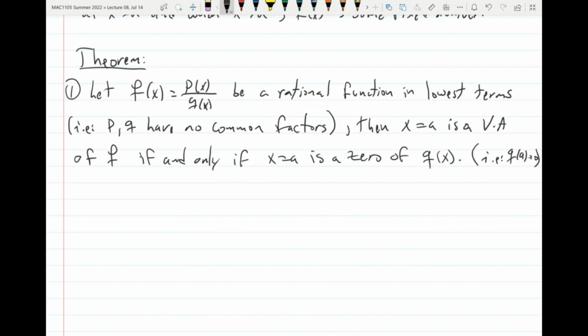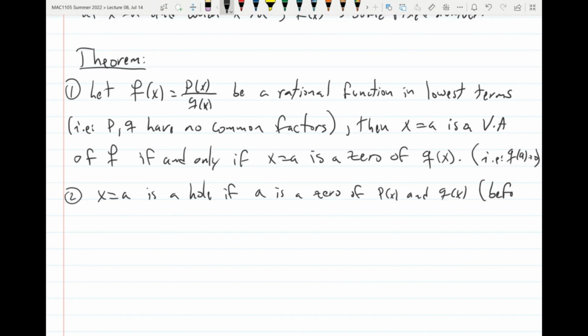So I guess it's number 1, then number 2, x equal a is a hole if a is a 0 of p and q, let me say here, before simplifying, and after simplifying, it is no longer a 0 of q.